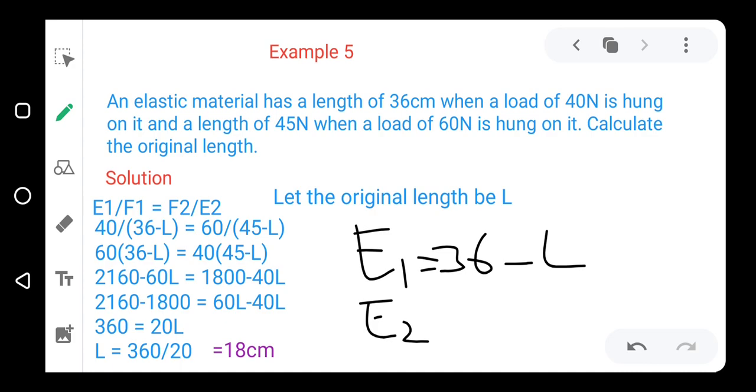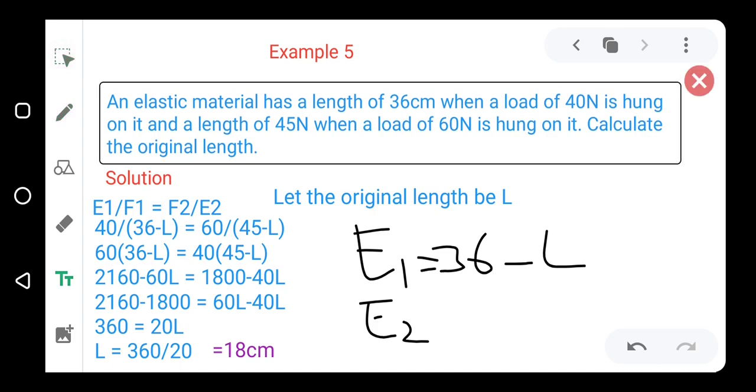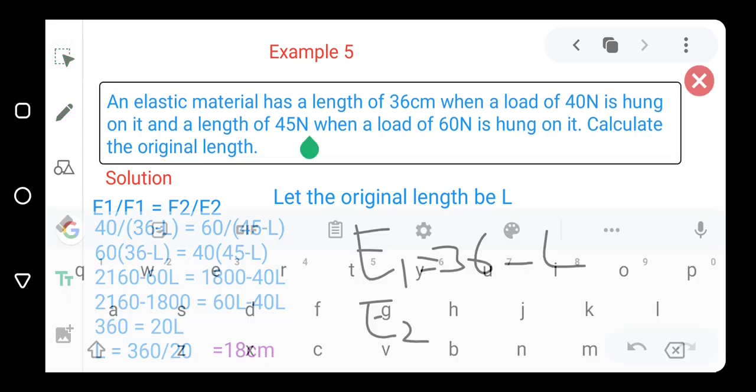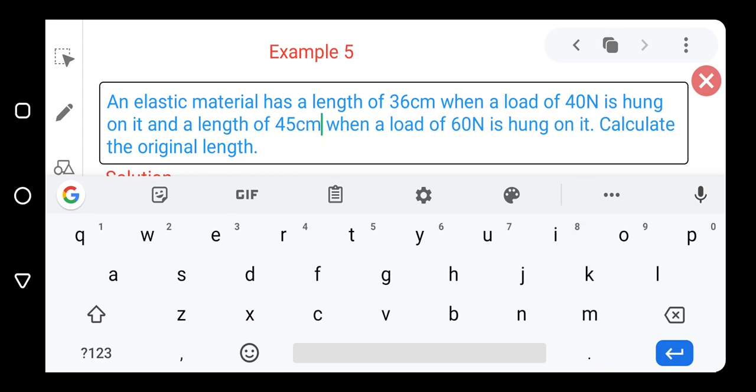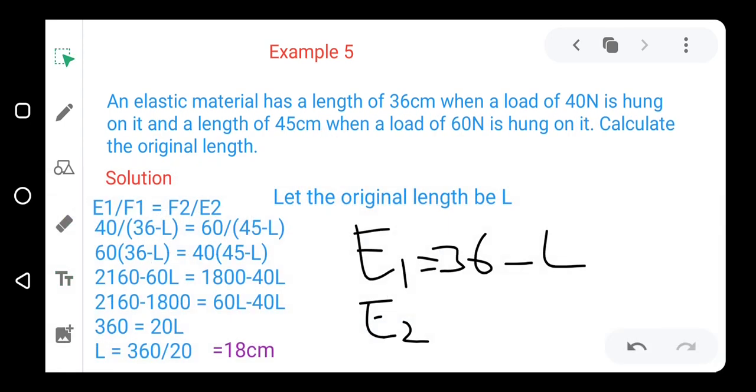Now when we add a load of 60 Newton, the material has a length of 45 cm. So we have 45 cm when the new load is 60 Newton.